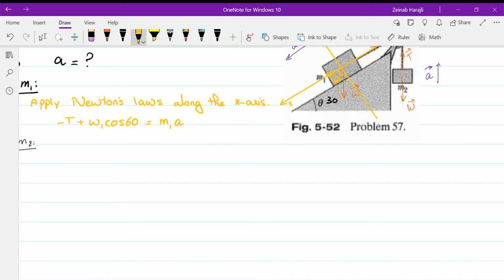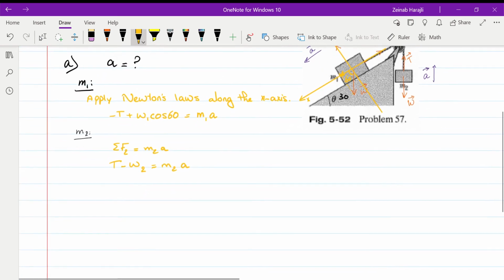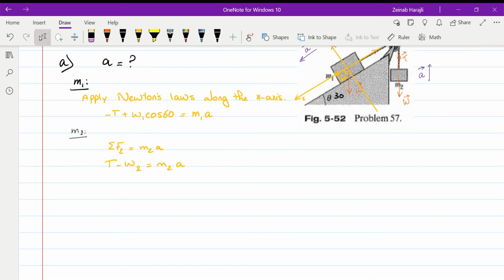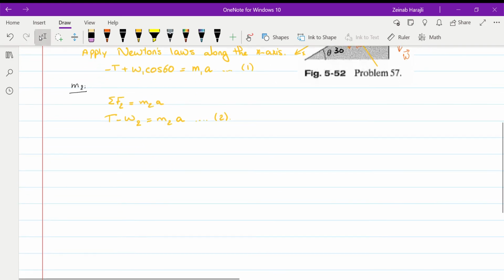So if we apply Newton's second law, we're going to get T minus W2 equals M2A. So this is our second equation. Obviously, we now have two equations with two unknowns. We just solve these two equations to get the value of the acceleration that we are requested to find in this problem.